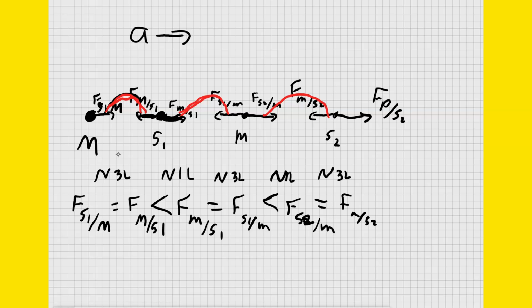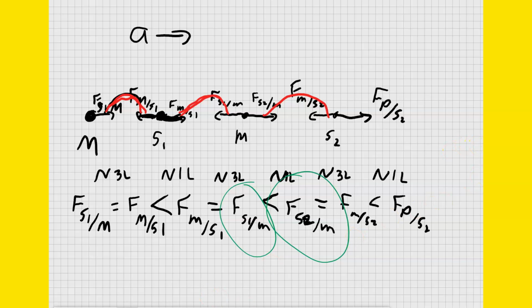And then that has to be less than the pulling force on string 2, again because of Newton's first law and the whole system accelerating to the right. So that's the thorough explanation to compare all these forces. But it also answers the question that string 2, the string on the right, has a higher force or a higher tension than string 1.